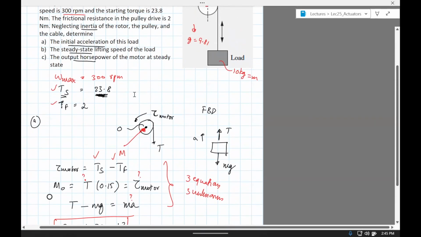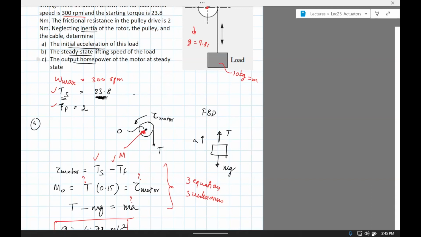Okay, next, the steady state lifting speed. So now the mass is accelerating up. At some point, it'll reach an equilibrium where the mass will not be accelerating, but move up with uniform speed.